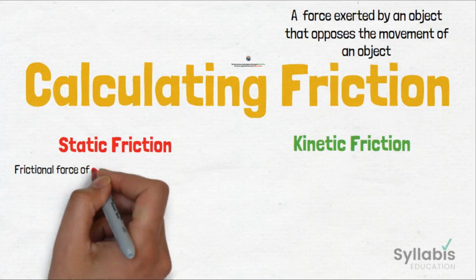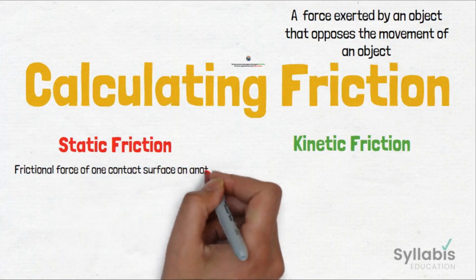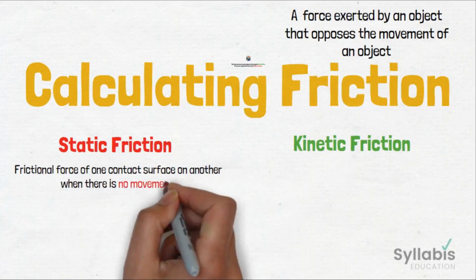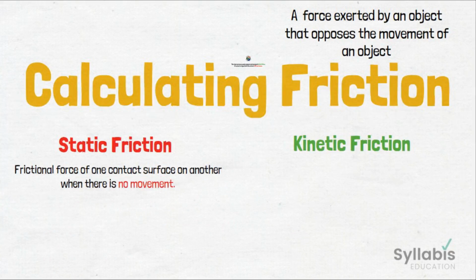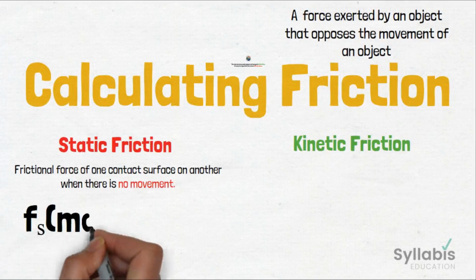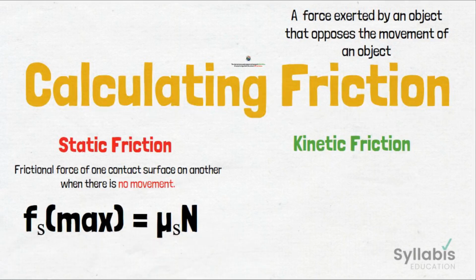Static friction is the frictional force of one surface on another, when there is no movement. Remember that maximum static friction is the friction that exists just before an object starts moving. This is the formula for maximum static friction.